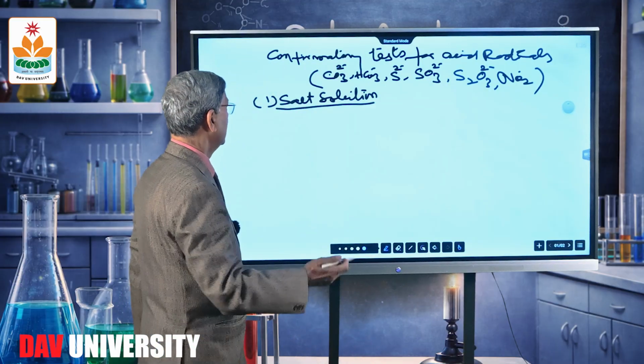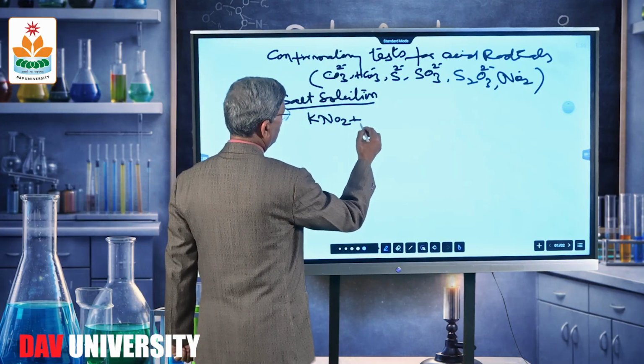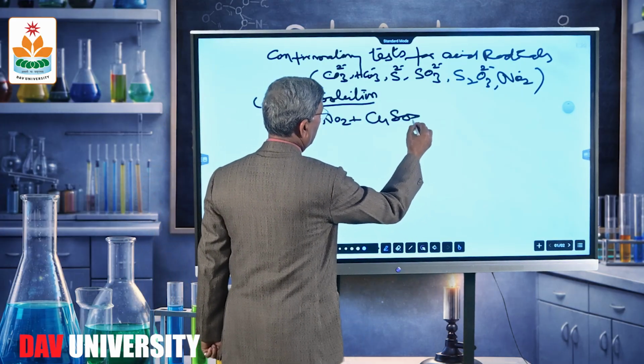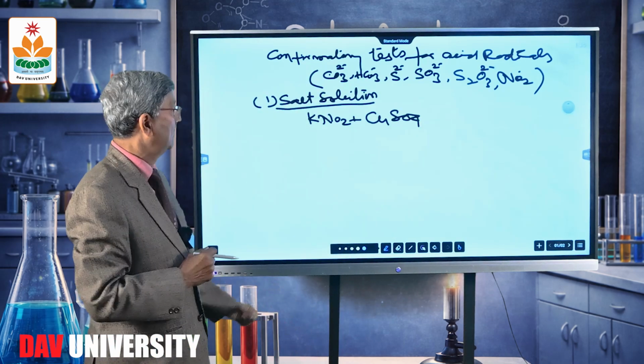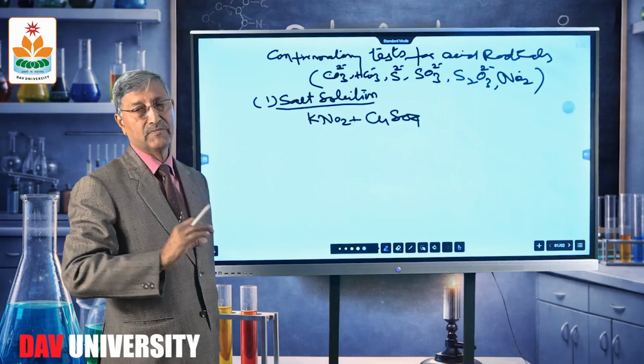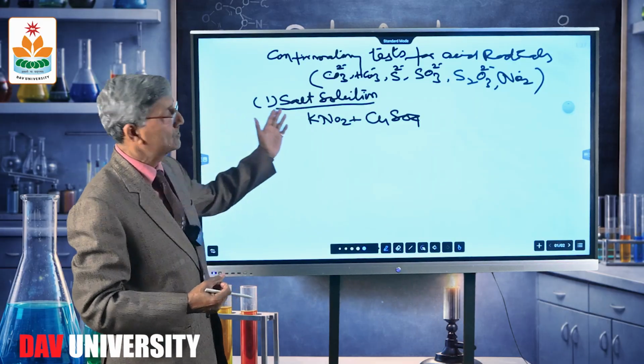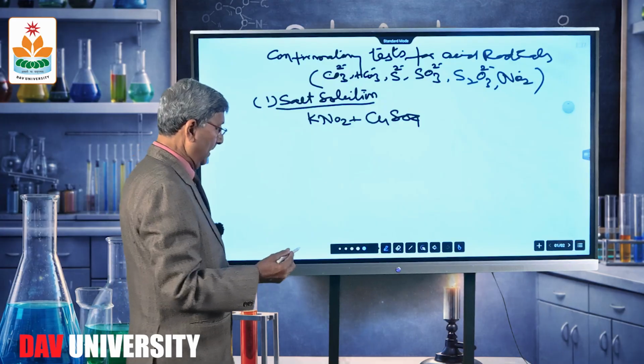For example, if we have got the salt mixture of KNO2 and CuSO4, both these salts are water soluble. So we'll shake the salt with water and it will be soluble and it will be salt solution.